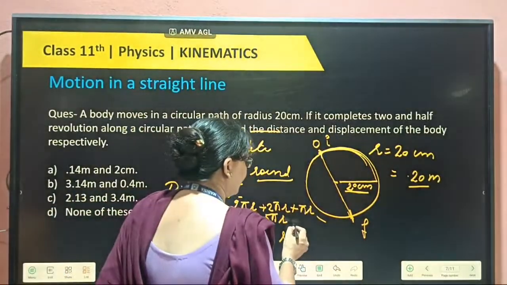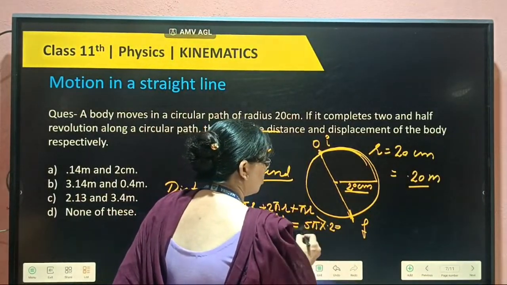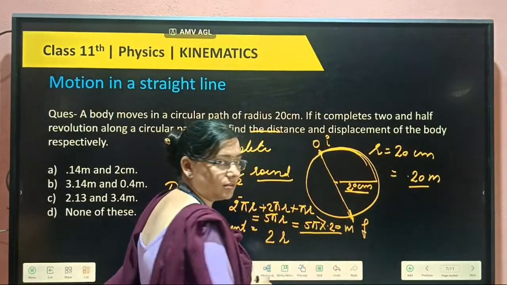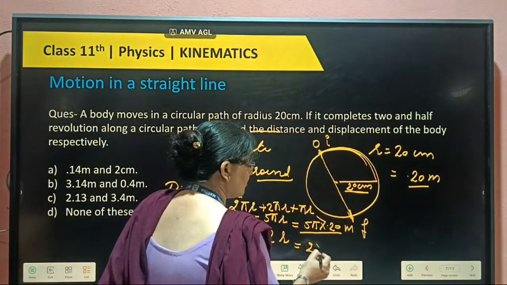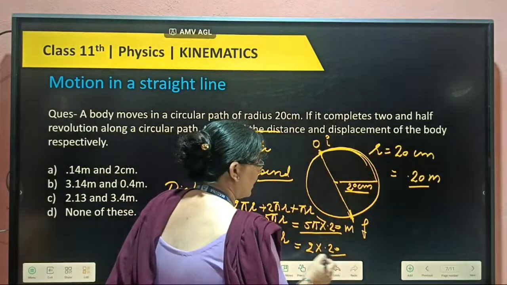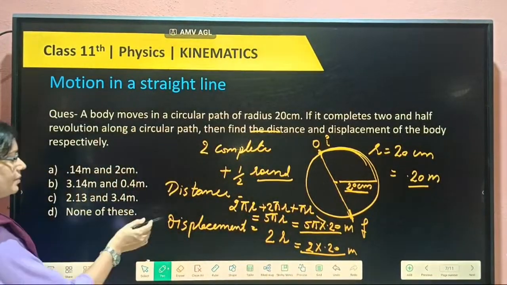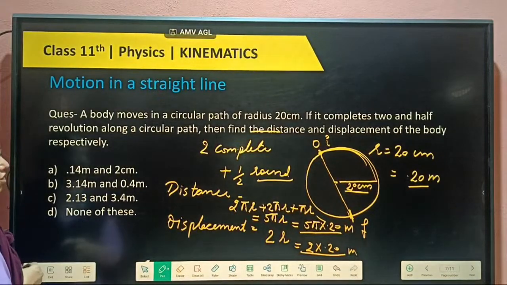So here we write 5 pi into 0.20, and the distance will be in meter. Next, 2r, displacement is 2 into 0.20, in meter. Solve this one, beta, and then tell me your answer to this question also.